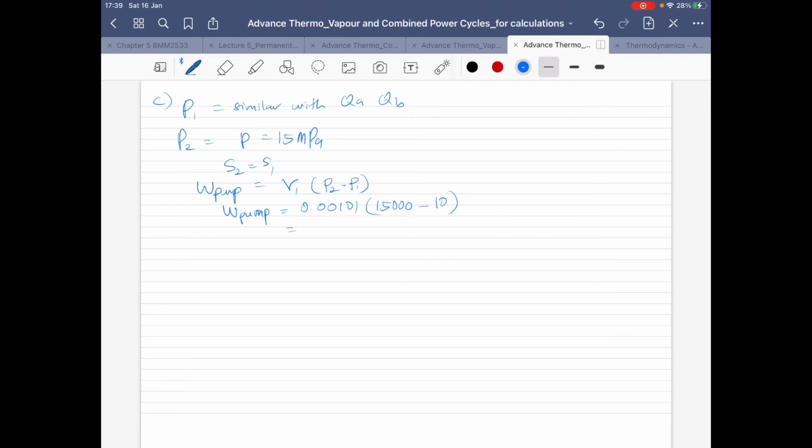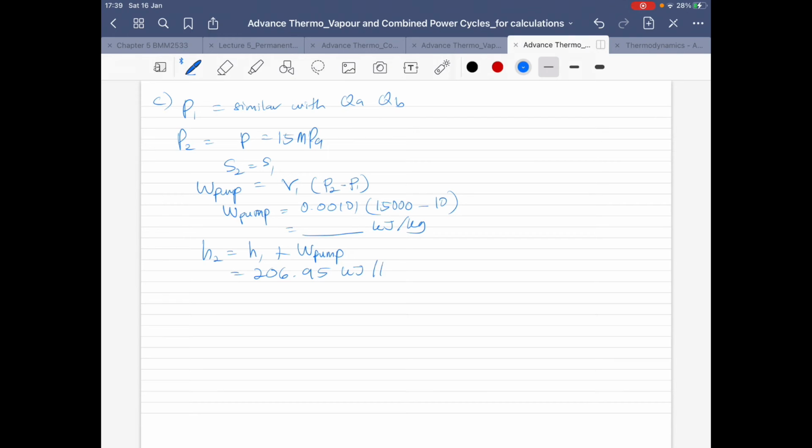Please calculate W pump in kilojoule per kilogram, and then using the W pump we can get the enthalpy at point 2. How? Enthalpy at point 2 is equal to enthalpy at point 1 plus W pump. So finally we get the enthalpy at point 2 as 206.95 kilojoule per kilogram.